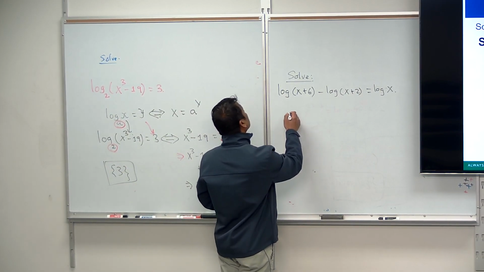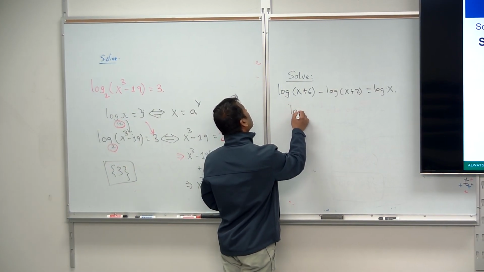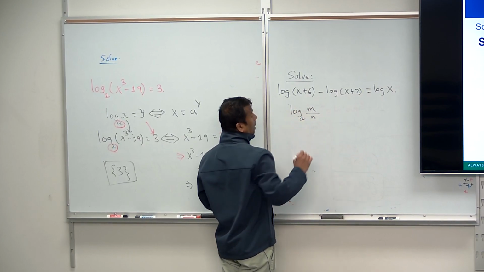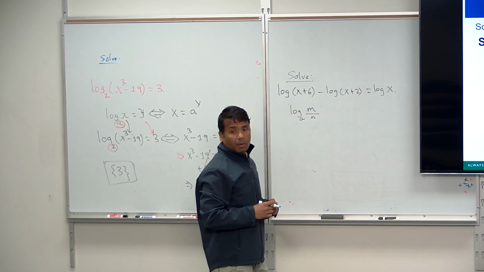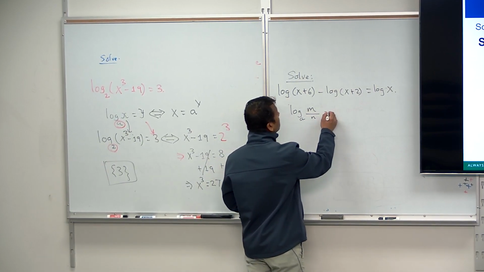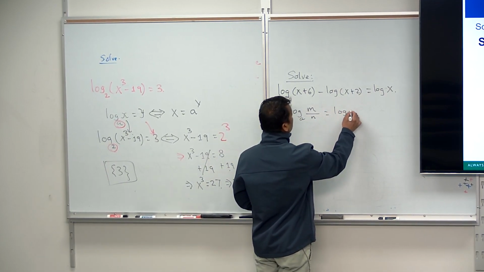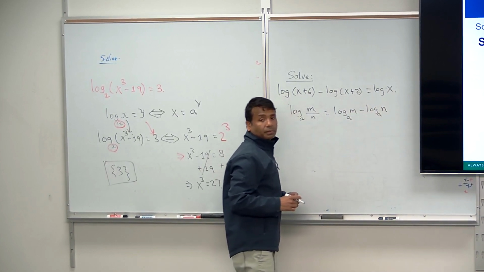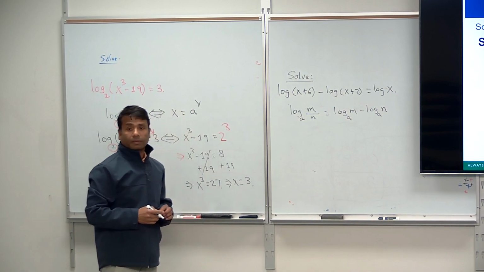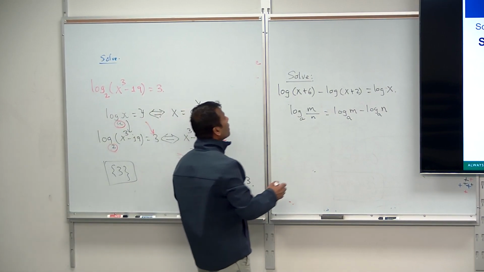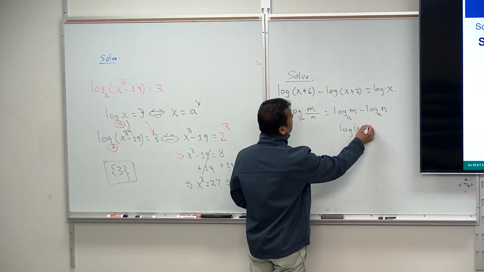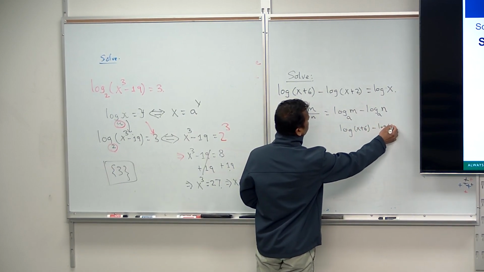So remember the quotient property, okay? If you have a logarithm of m over n, the logarithm with base a of m over n is the same as the logarithm with base a of m minus the logarithm with base a of n. Is that right? So use this property. Now here you have log x plus 6 minus log x plus 2.